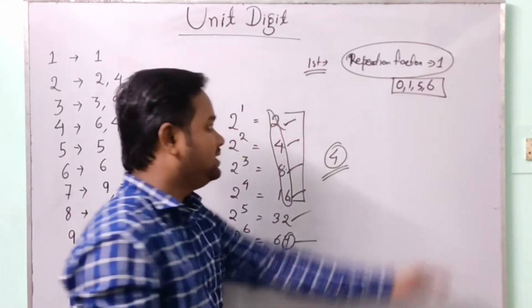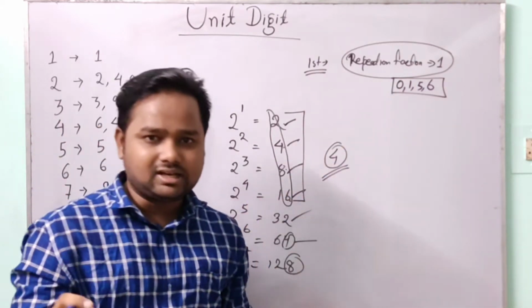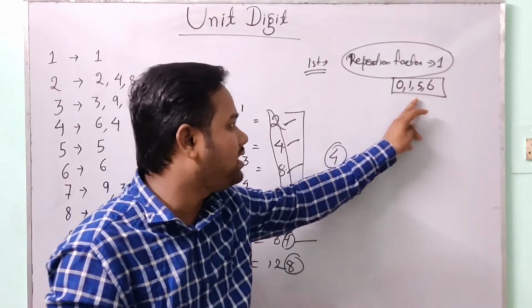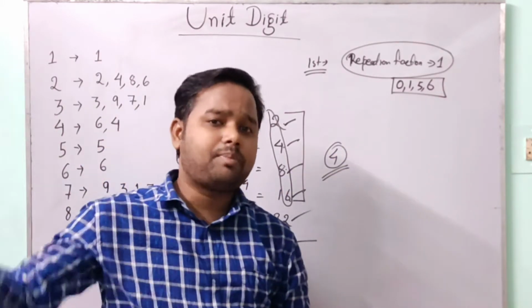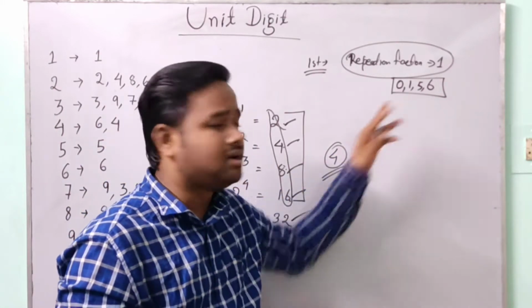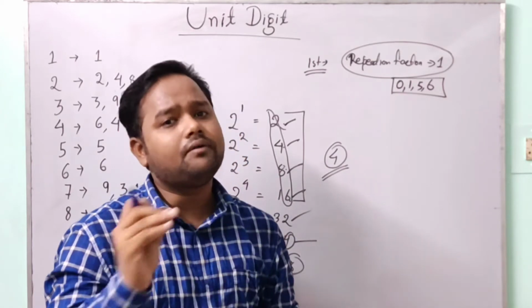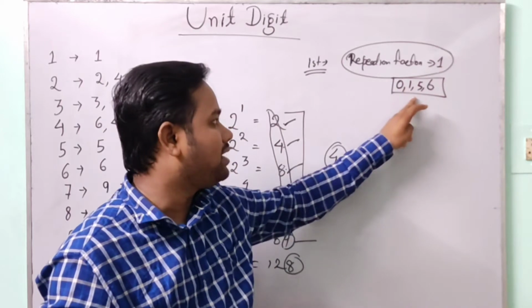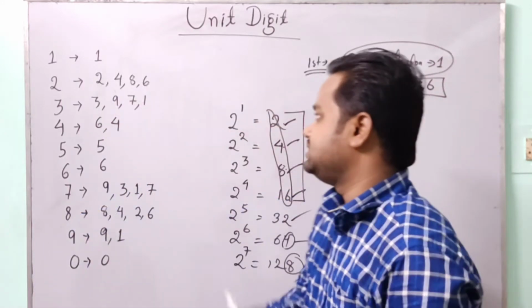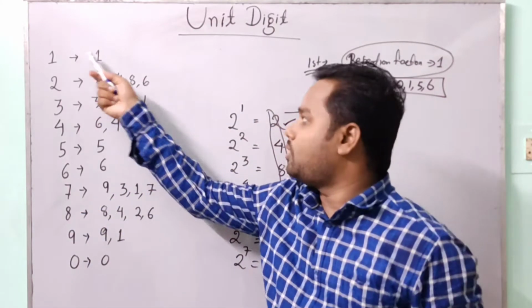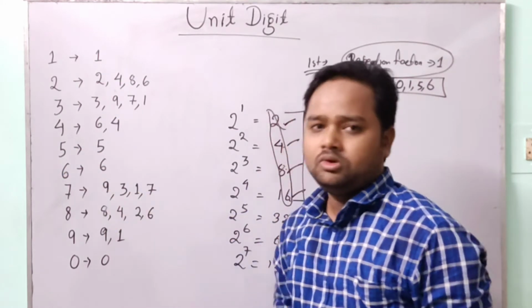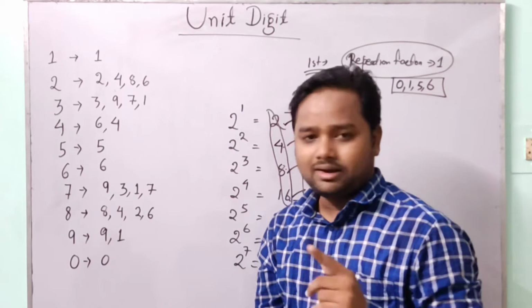If the unit digit is 0, 1, 5 or 6, then whatever the power, it is always the same digit itself. So no calculation is needed there. 1 stays 1, 5 stays 5, 6 stays 6, 0 stays 0. So repetition factor 1 is clear.